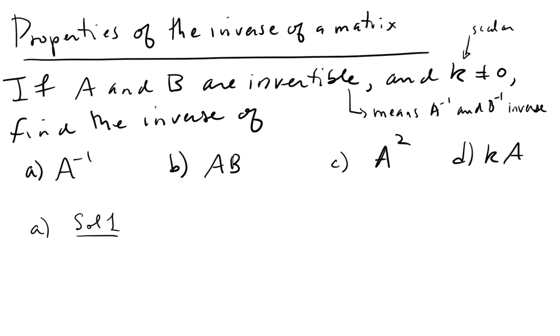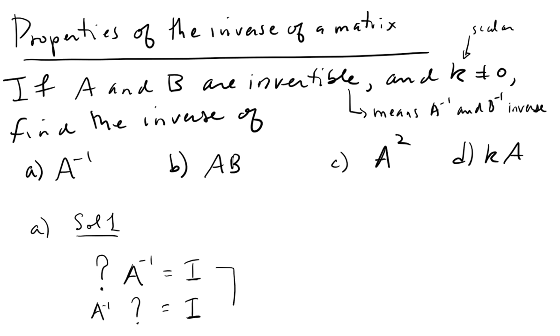If I want to find an inverse, I want to find a matrix such that when I multiply that matrix by A inverse, I get back the matrix I. I also need that matrix to be such that if I multiply on the right-hand side, I also get back I.